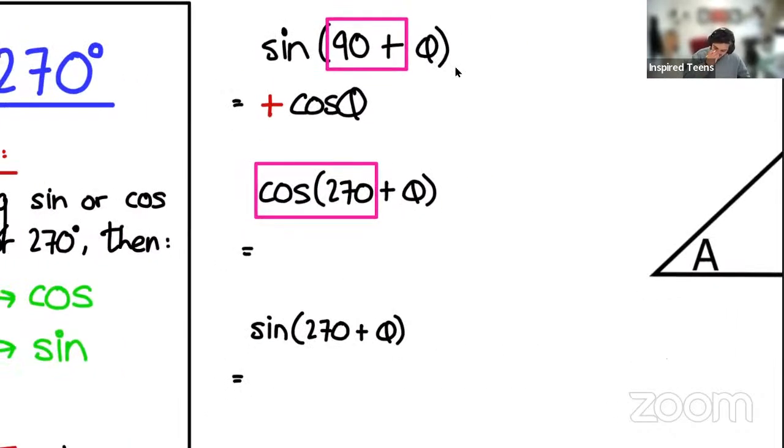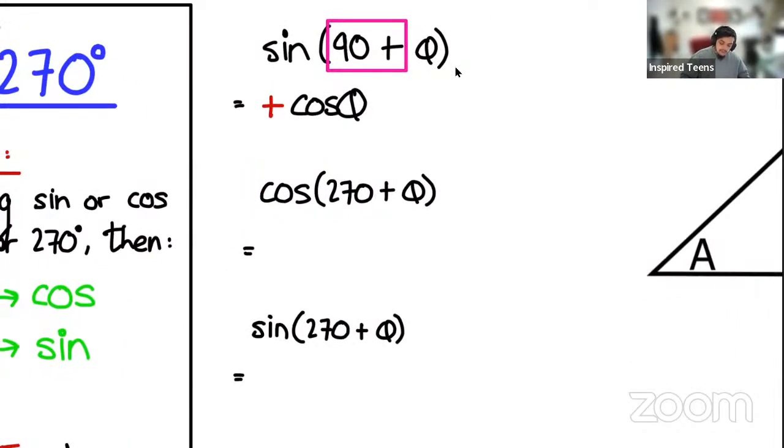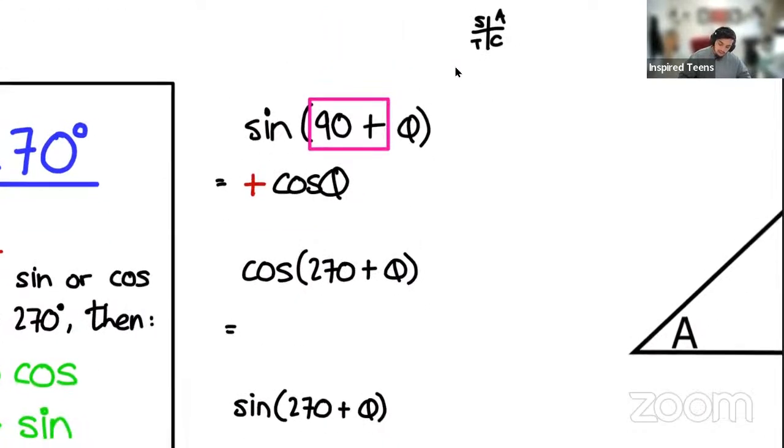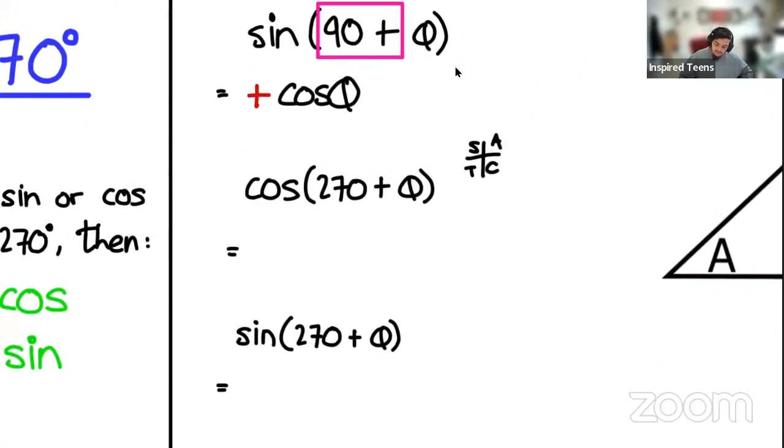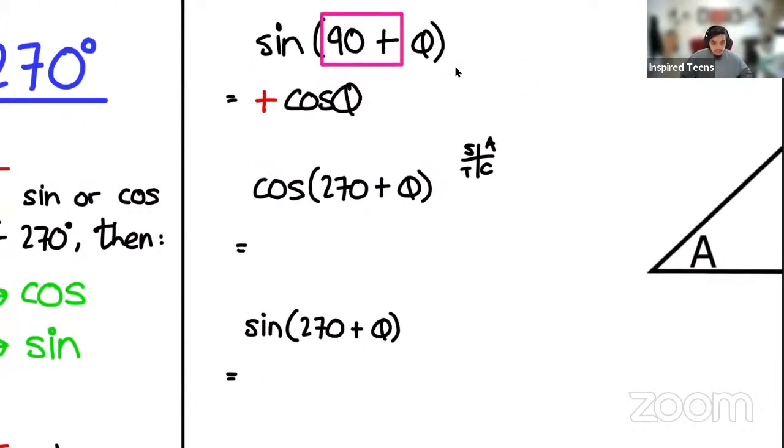So in this case, I know that my answer is going to have a sine trig ratio, but I need to determine the mathematical sign. Do I need to have a negative or do I need to have a positive? That's easy to determine. We just have our little CAST diagram, and we can see that 270 plus is actually in the fourth quadrant. In the fourth quadrant cos is positive, so I'm going to have positive.